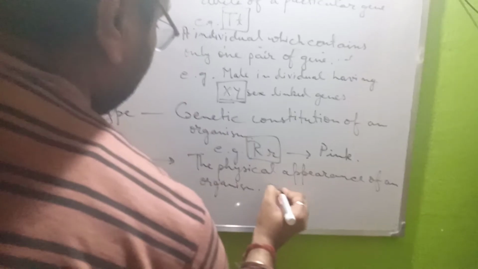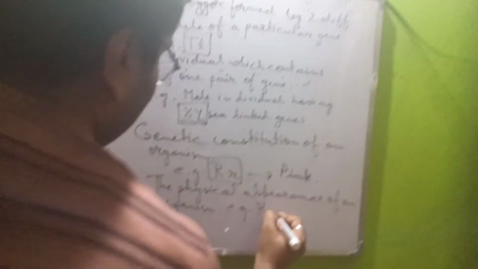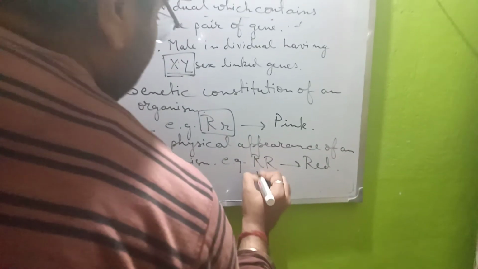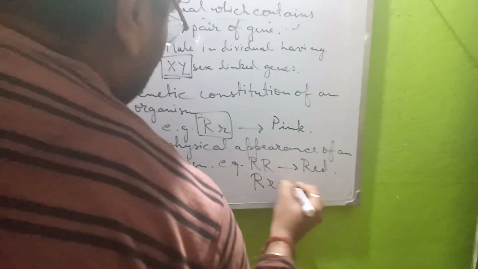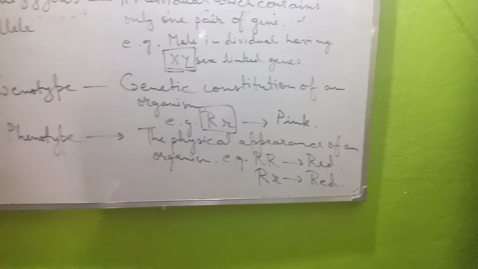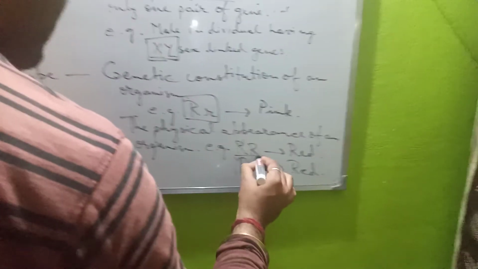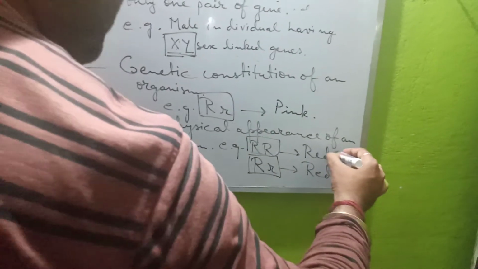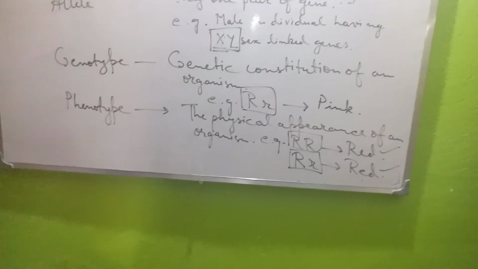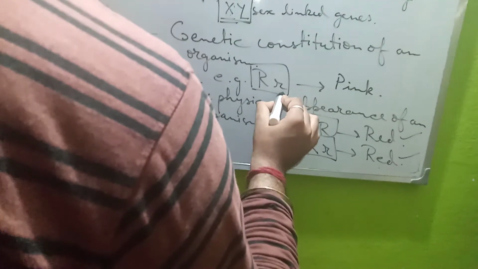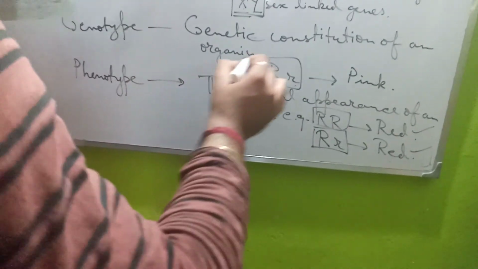Example, capital R and capital R represents red. Capital R and small r represents also heterozygous red. So what you can see is that over here the two genetic constitutions are different, but the physical appearance is similar. Here capital R and small r is the genetic constitution. These are the two alleles.